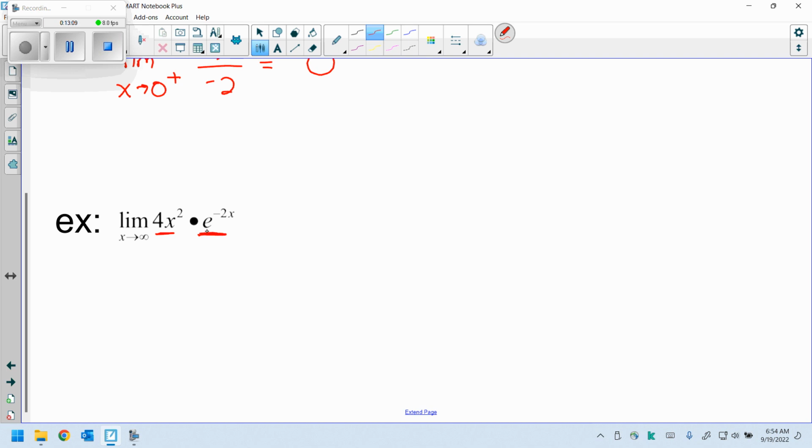E to the negative huge, really close to 0. But since this has a negative exponent, it could naturally go down to the bottom. I think to rewrite this problem as a rational, I'm going to have 4x squared over e to the 2x.